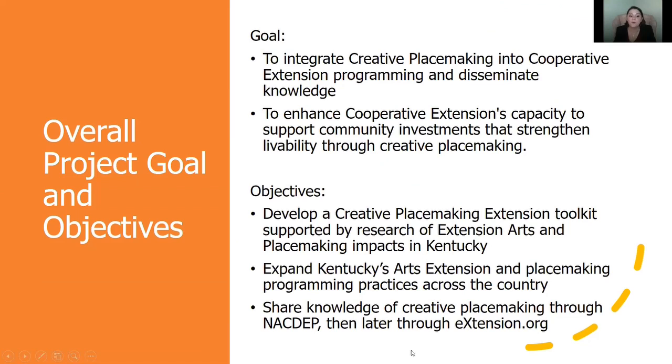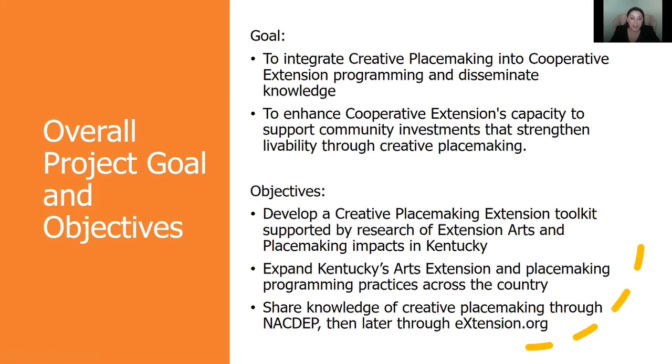And how can we support other cooperative extension systems to support their own local community investments based upon some of our models and best practices that we've learned definitely through trial and error over the past several years. And we feel like we fine-tuned several of them to really be something replicable.